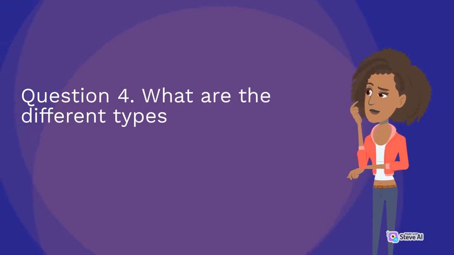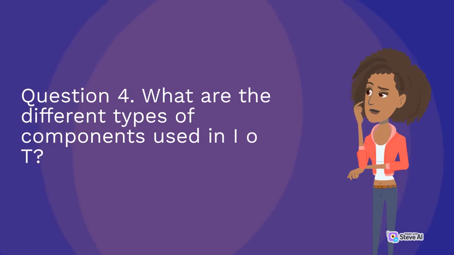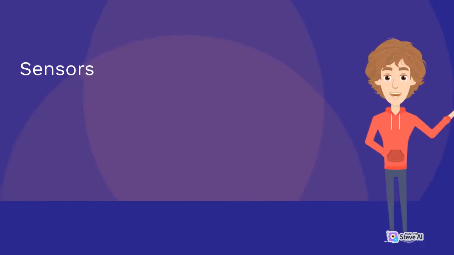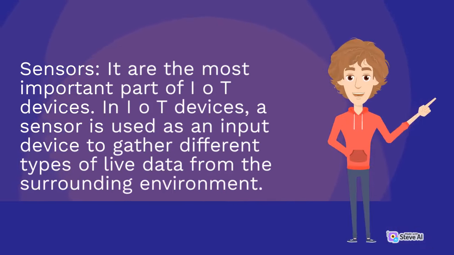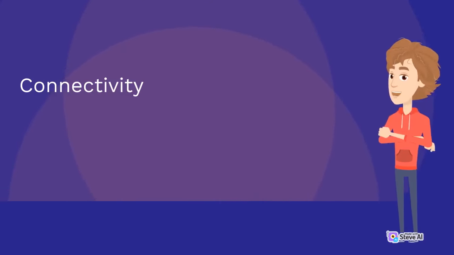Question 4. What are the different types of components used in IoT? Sensors. They are the most important part of IoT devices. In IoT devices, the sensor is used as an input device to gather different types of live data from the surrounding environment. Connectivity mediums.